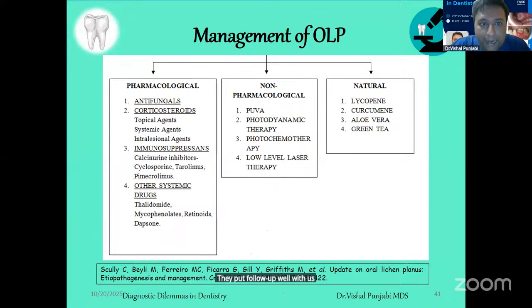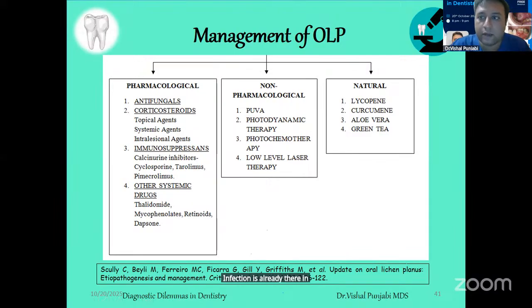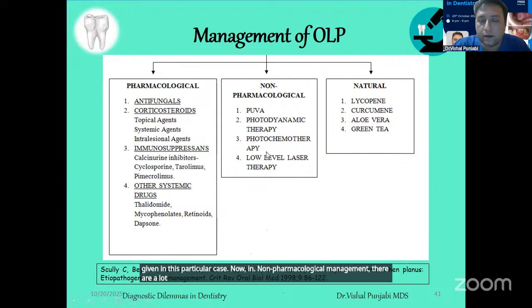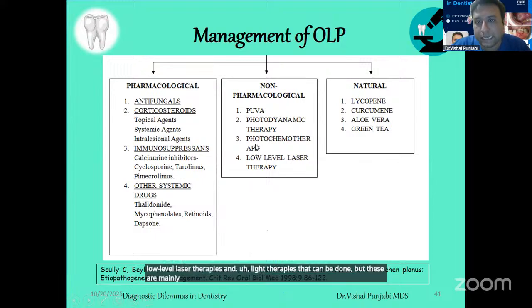There were certain antifungal agents that were given as well, because sometimes when the oral mucosa is damaged, the most opportunistic infection is already there in our oral cavity in a dormant state, that is candidal infection, oral candidiasis. So antifungals were also given in this particular case. Now in non-pharmacological management, there are a lot of low level laser therapies and light therapies that can be done, but these are mainly used for the skin lesions.